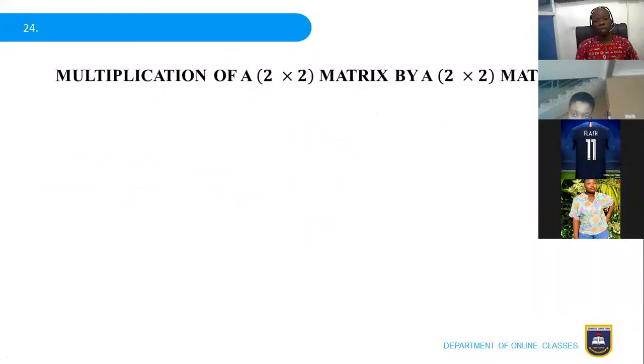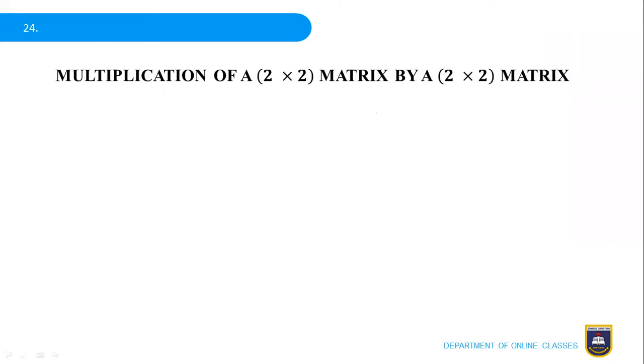Multiplication of a 2 by 2 matrix by a 2 by 2 matrix, which means, okay, there is a hand up. So Theophilus, yes, the question that you sent to the Google Classroom, it was 2 questions. Actually, the one that I just saw with the second one. Really?